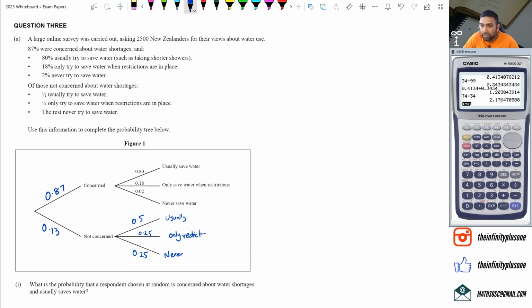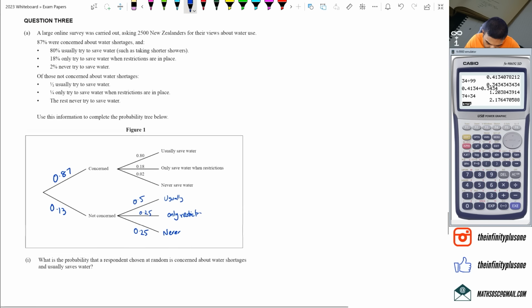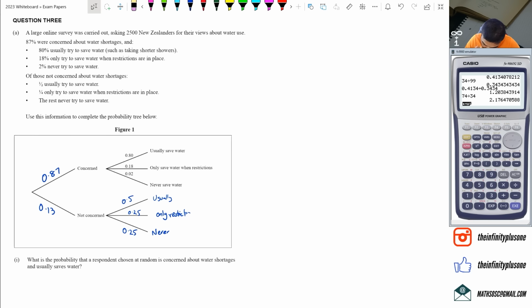Now once I do the table, it just becomes a little bit easier, because if I look at the first, what's the probability that a respondent chosen at random is concerned about water and usually saves water? Concerned is 0.87, and usually saves water.